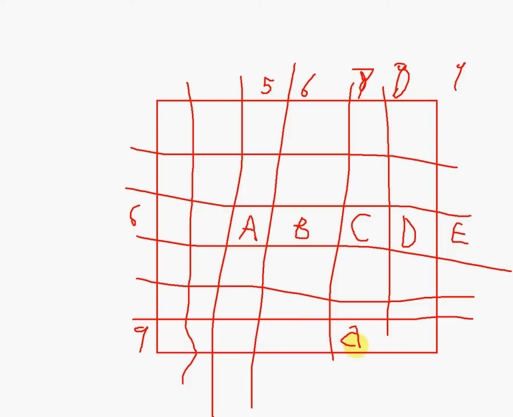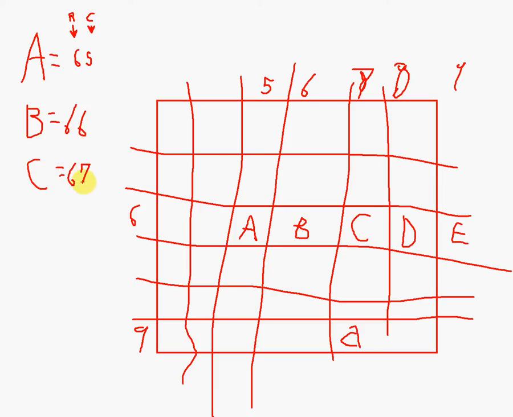So what we're seeing here is that A is associated with a row and column, that this is the way it's organized. So this is 65, capital B is 66, capital C 67.